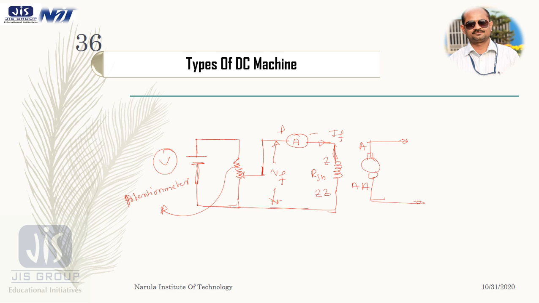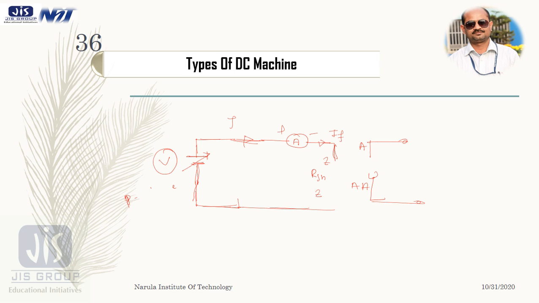Okay, so we can draw the same figure again in a different way. How is that possible? So I will not here use that potentiometer. Okay, so what I will do, I will directly connect this, and I will use a variable source itself.